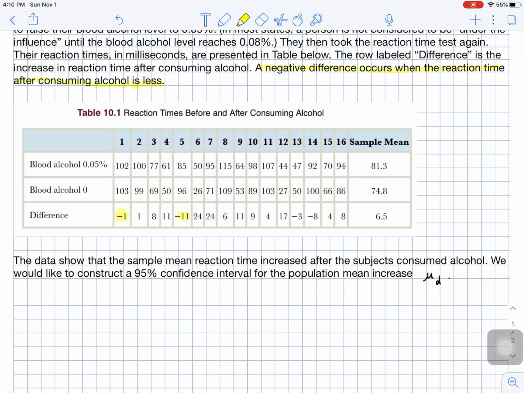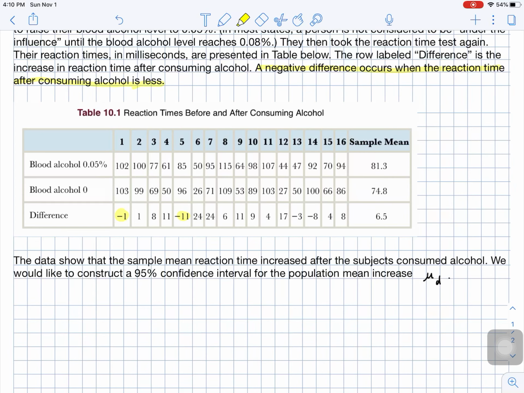First of all, let's understand this a little bit. The problem explained that a negative difference occurs when the reaction time after consuming alcohol is less. For example, look at the difference of -1 for the first person or -11 for the fifth person.